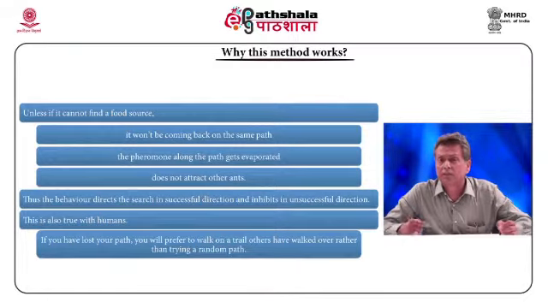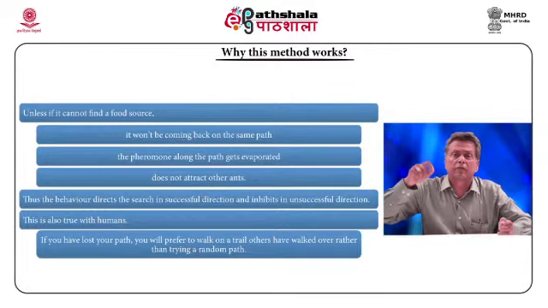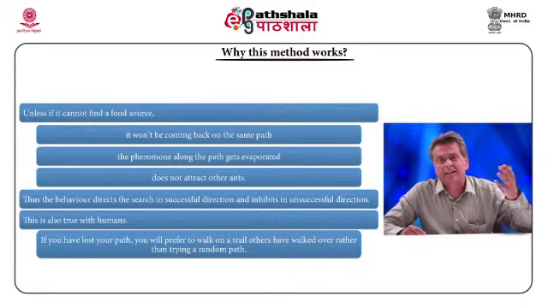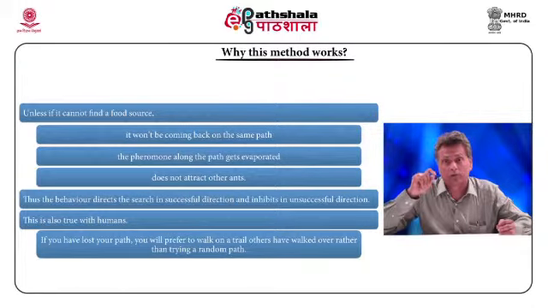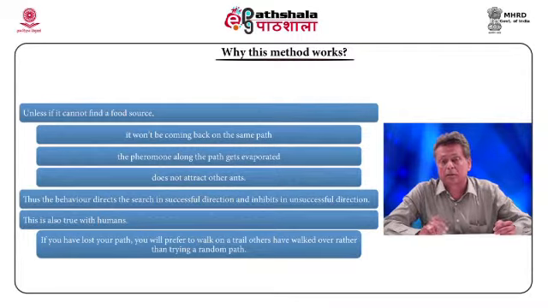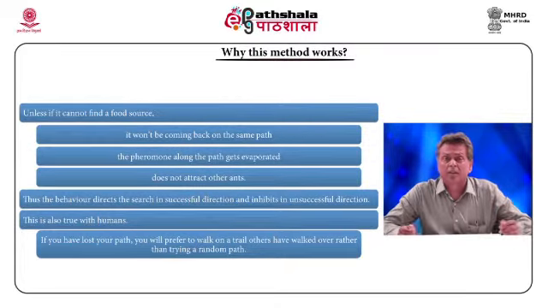So, this simple method of spraying pheromone and letting it evaporate over time actually decides a path which is one, recent, because the pheromone value, if it is old, will evaporate, and second, most preferred by others, because the more ants travel along the path, the more pheromone value. So, the point is, this ant colony optimization method is based on these two simple parameters, whether the path is recent or whether the path is traveled by multiple agents.